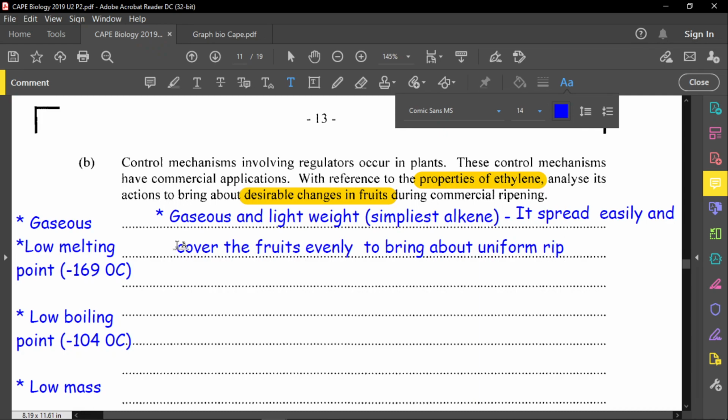And this is very important, because if you think about it, if it was a slow moving gas or a heavy gas, then it would be difficult for it to move and spread over a large distance, and hence the fruits may ripen with different colors, right? So one part may be ripe before the other part, but since it can move so fast in small spaces and cover all the fruits, it may cause uniform ripening in the fruits.